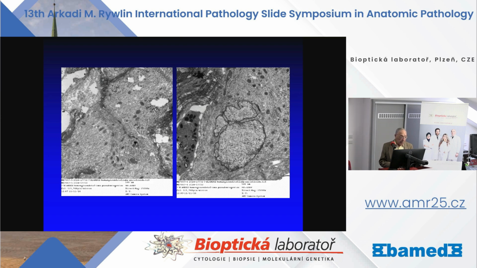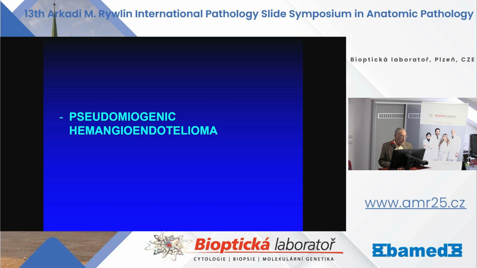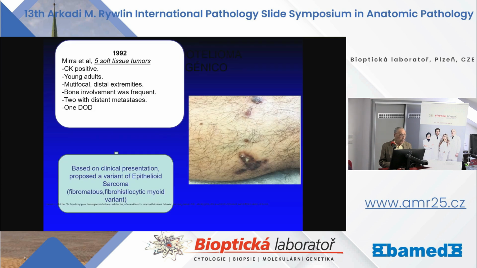So with that, we made this diagnosis of pseudomyogenic hemangioendothelioma. Historically, this entity was described in 1992 by Mirra.